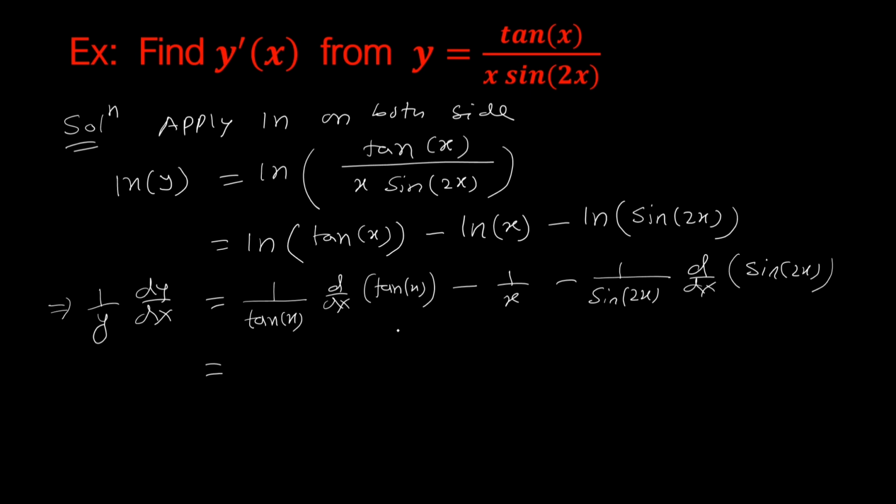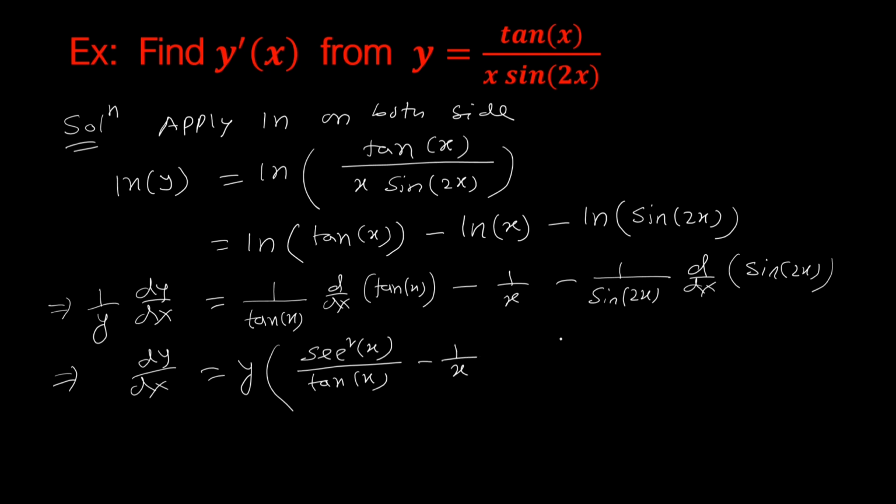So dy dx is equal to y times: tan x derivative is secant square x over tan x, minus 1 over x, and sine 2x derivative will be 2 cosine 2x, so minus 2 cosine 2x over sine 2x.